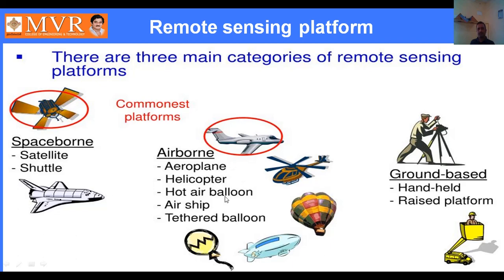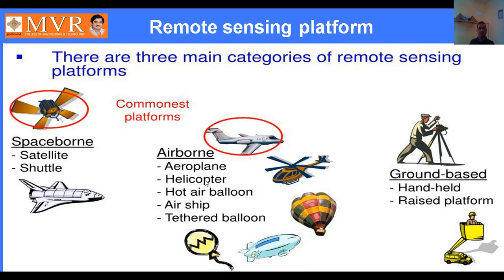In airborne remote sensing, generally it is used for acquiring photographs, photo interpretation and photographic purposes. In airborne remote sensing they use aeroplanes, helicopters, hot air balloons, airships. These all give photographic images and aerial photographs.